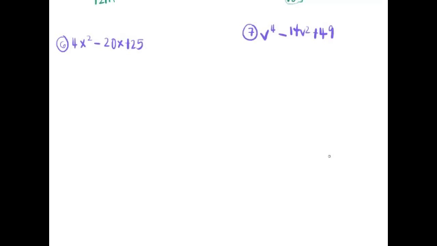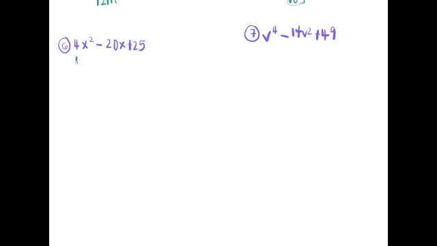Alright, let's try 6. Okay, so I'm going to write my 3 steps. 1, 2, 3. Okay, square root of this first guy: 2x. Okay, square root of the last guy is 5. Now the middle one, don't worry about the sign, just worry about the term itself, okay?